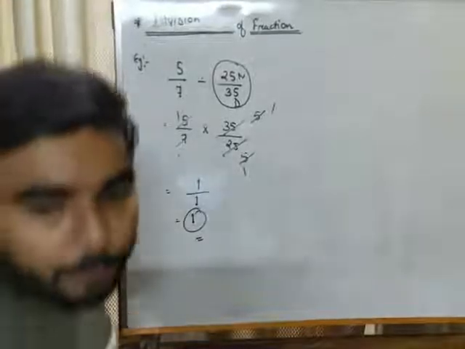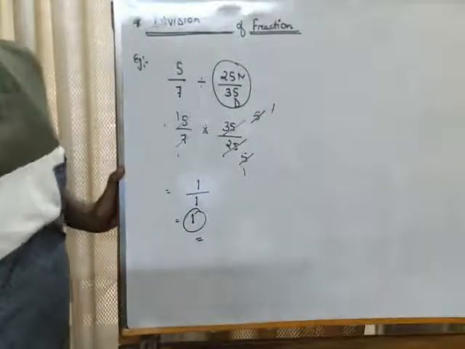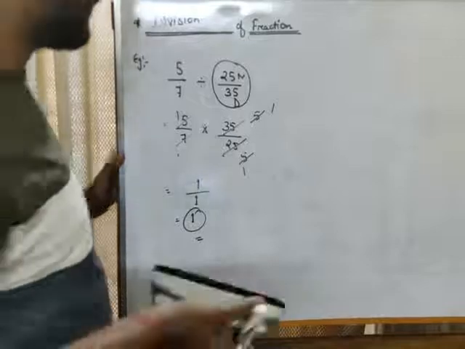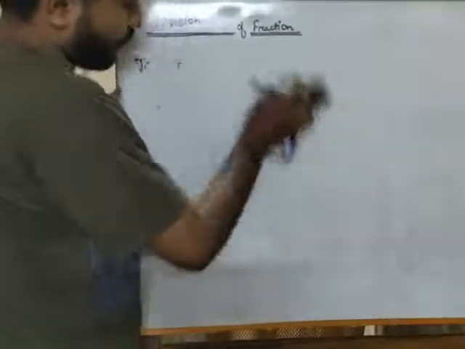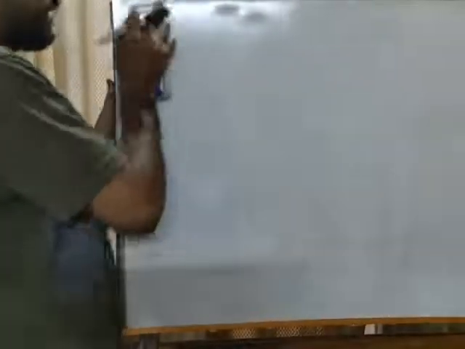Okay, our next topic is operating of. So here you will see many times 5 by 9 of 2 by 3. So how to operate that?